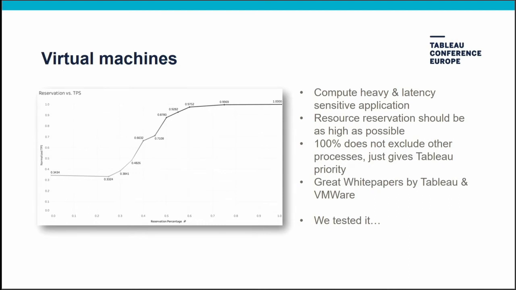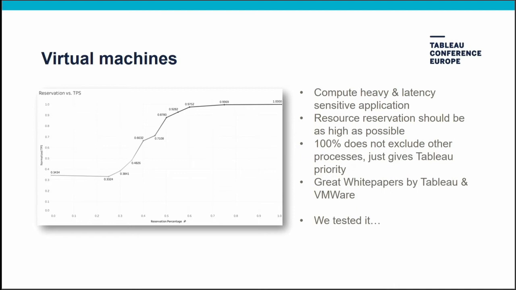So how many of you are running on virtual machines? Nice. This is, I would say, quite a huge topic. We won't really get into details on that, but one of the main points is to make sure that you allocate the maximum resource reservation as possible for the VM, and also to have 100% of the processes dedicated to Tableau and not to have other processes running as well.